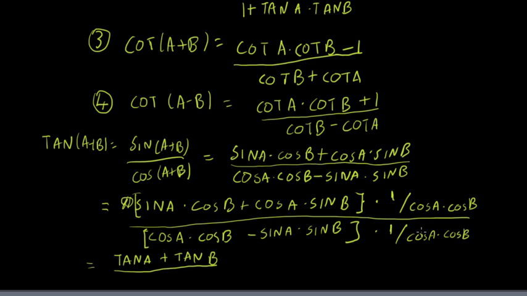And then in the denominator, cosine of A times cosine of B cancels with cosine of A times cosine of B. So we have 1.